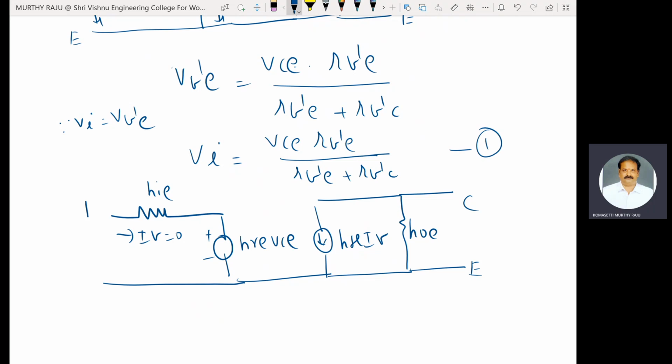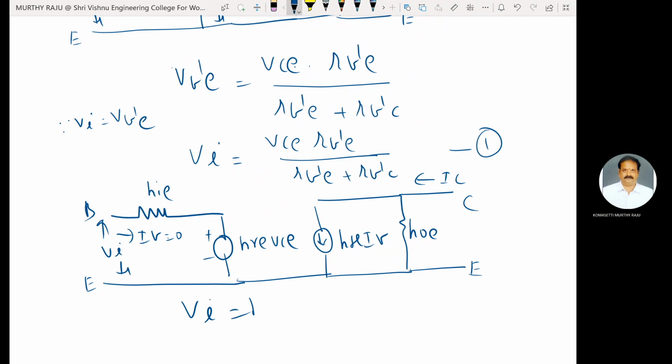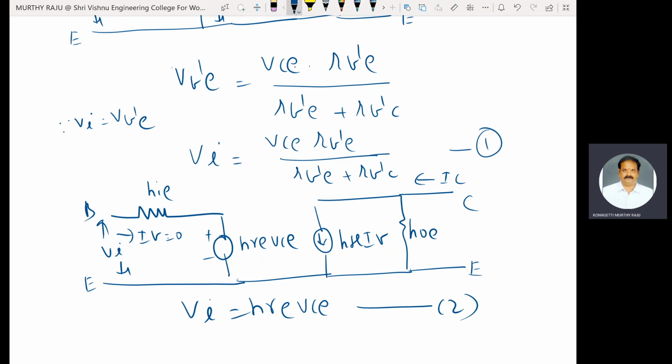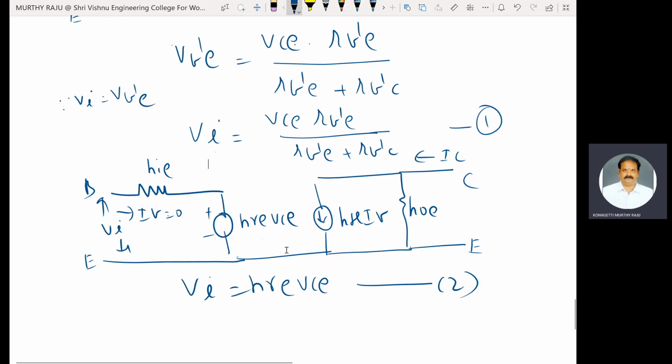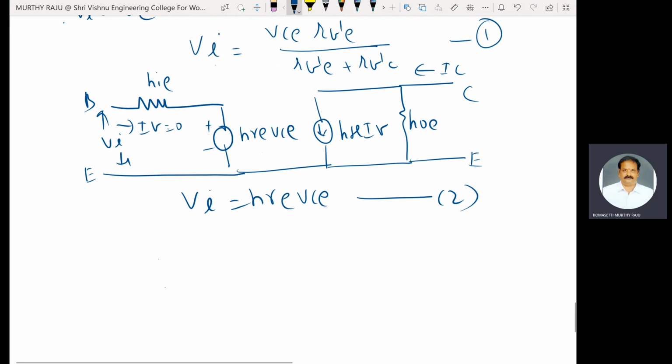This one is base emitter, IB, this one is IC. This one is VI. IB equal to 0 means the drop across HIE is also 0. Therefore, VI is equal to HRE VCE. This is equation number 2. Equating these two, equation 1 and equation 2, VI is equal to HRE into VCE.